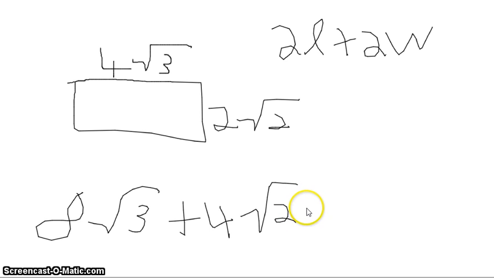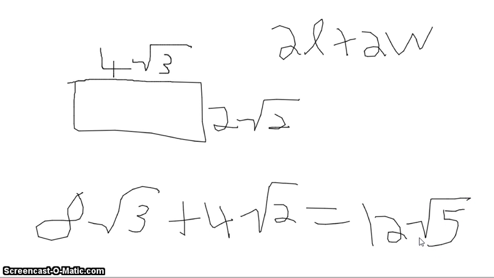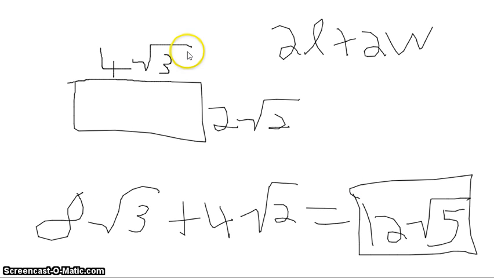And then that equals 12 radical 5. And that would be the perimeter of your rectangle.